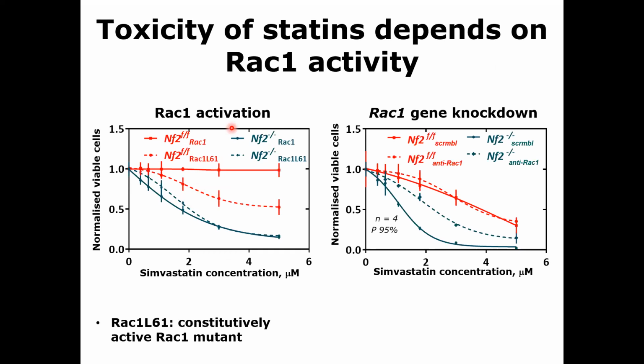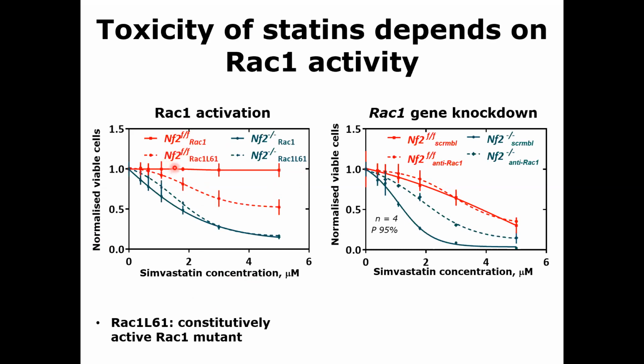So we supposed that the deficit of function of this geranylated protein would be the reason. But on the opposite, we found out that activation of RAC1 protein caused the cell death in the presence of statins. So what we did was we generated this constitutively active form of RAC1. And when modifying the cells with this mutant form, we got an increase of sensitivity to simvastatin, even in the normal cells.